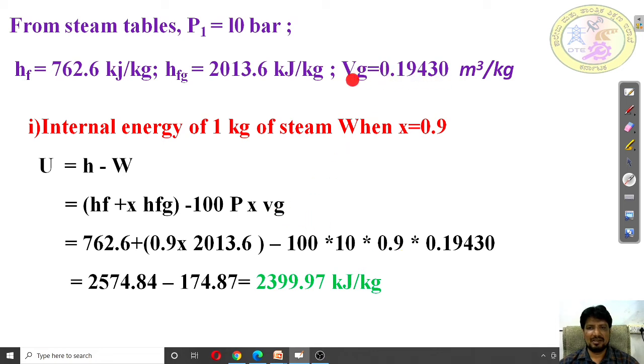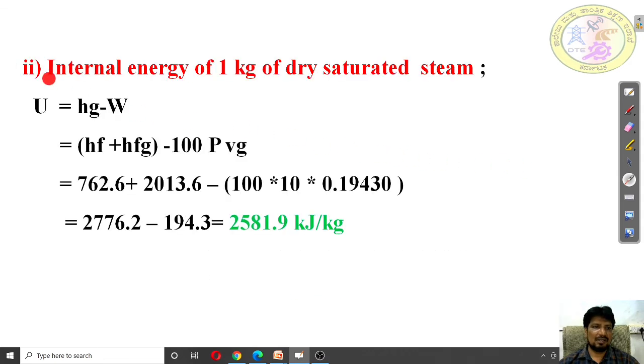We are substituting 0.19430. So after calculation of this, finally you will get 2399.97 kilojoules per kg.